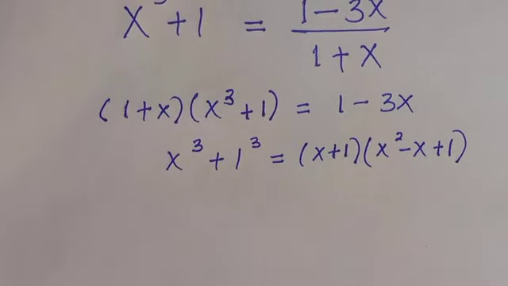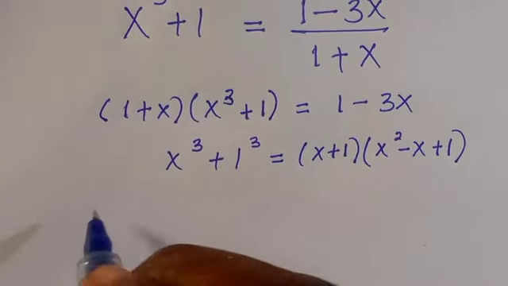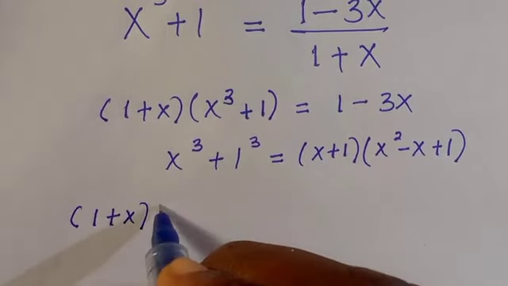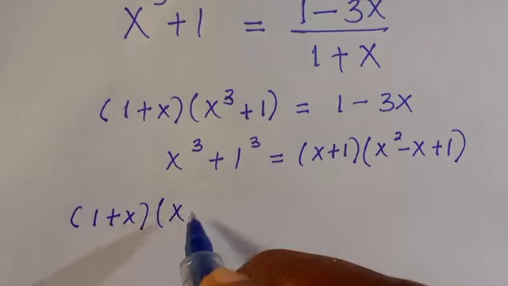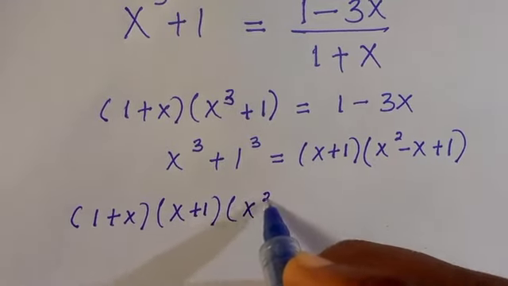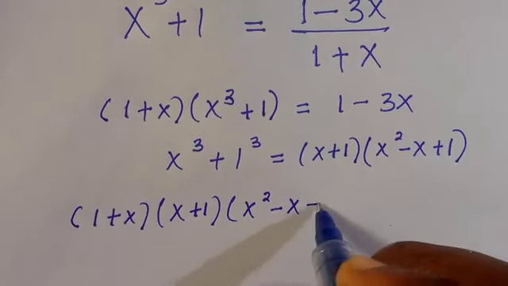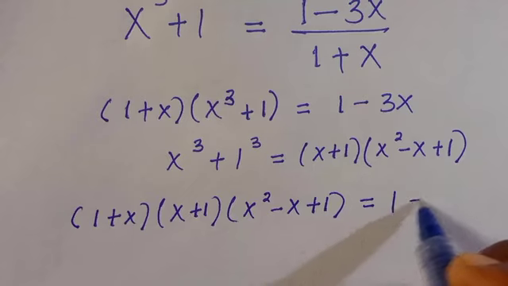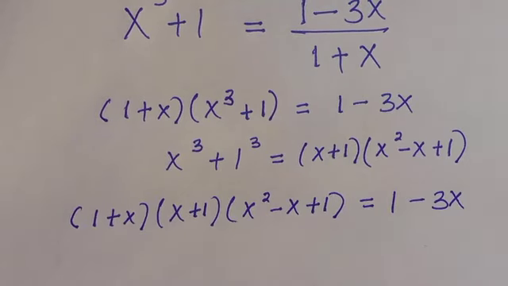We are going to replace it, and here we have 1 plus x bracket open bracket. For this we have x plus 1 bracket x squared minus x plus 1 equals 1 minus 3x.